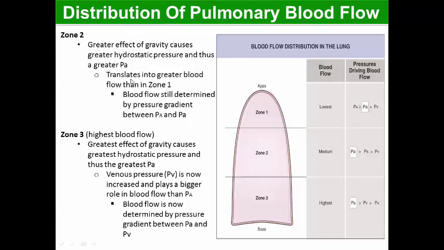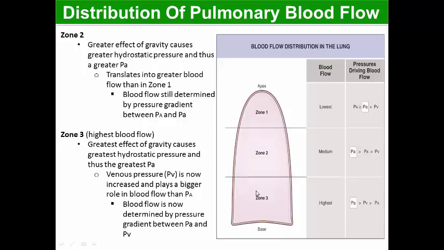Zone 2. Now in zone 2, the pulmonary arterial pressure is greater than the alveolar pressure, and the alveolar pressure is greater than the venous pressure. So blood flow is determined by the pressure gradient between the arterial pressure and the alveolar pressure.